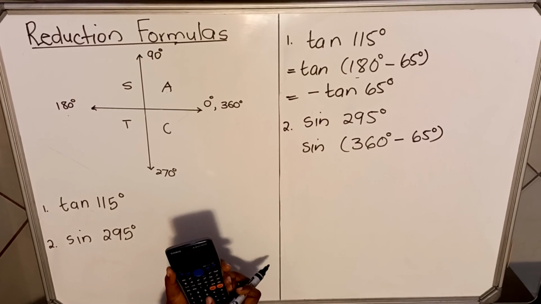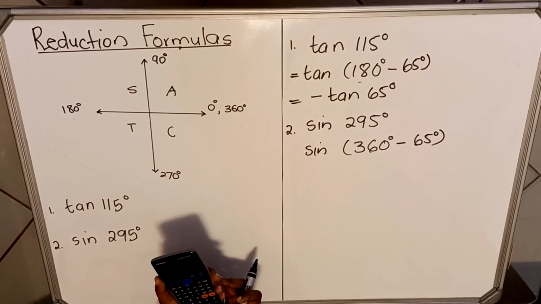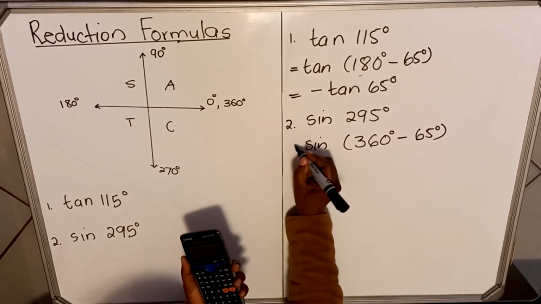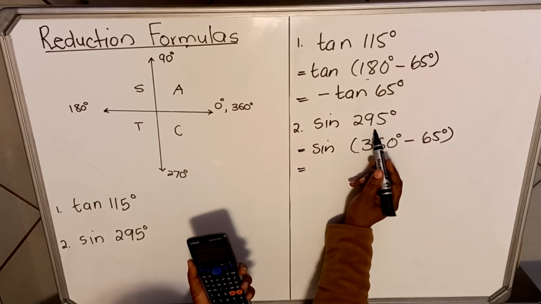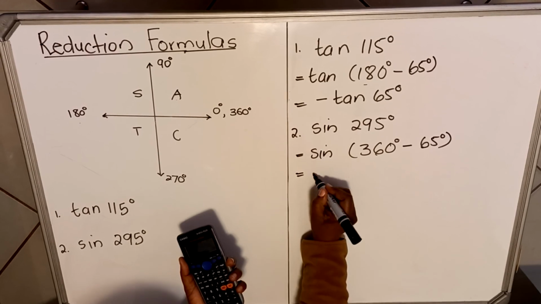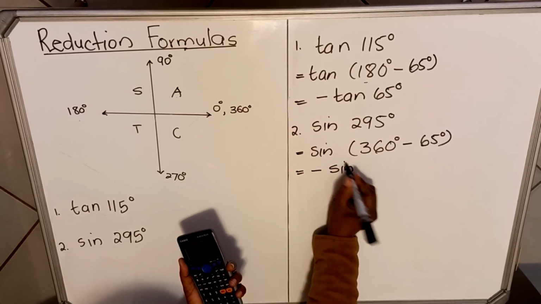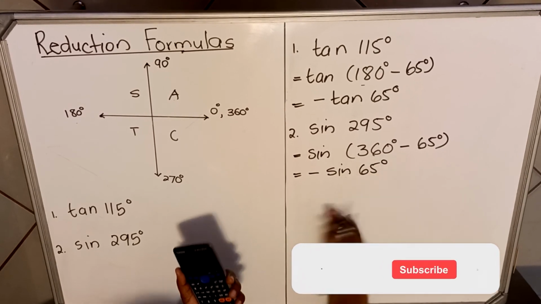So you have your 360 minus 65, and you get 295. Now you go to the quadrant. 360 minus 65 is in which quadrant? It's in the fourth quadrant. How is sine in the fourth quadrant? Negative. Then you write negative sine. Then you write your acute angle, 65 degrees.